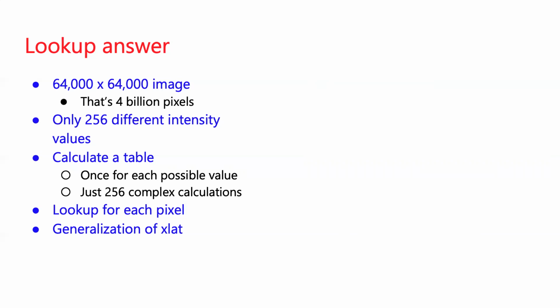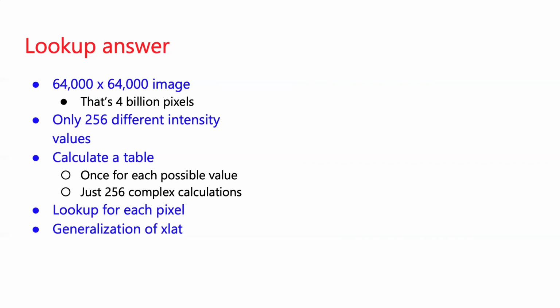But across those 4 billion pixels, there are really only 256 possible intensity values. That's a lot of pixels, but you would really just see the same 256 intensity levels over and over, at least they'd get reused.